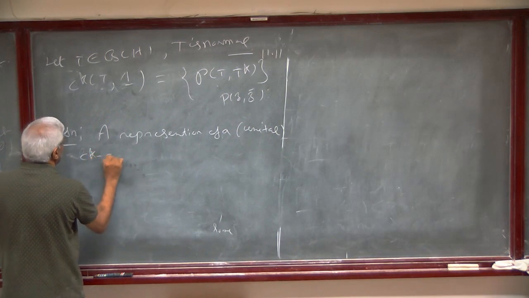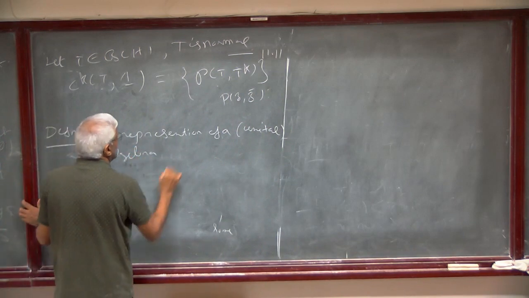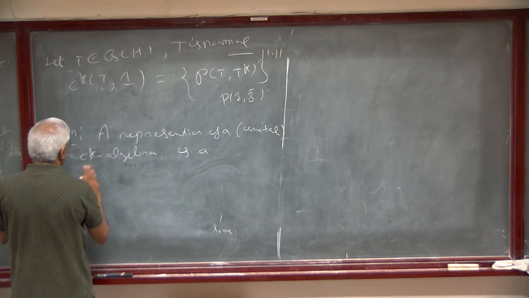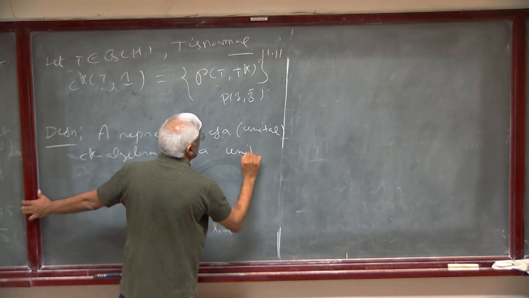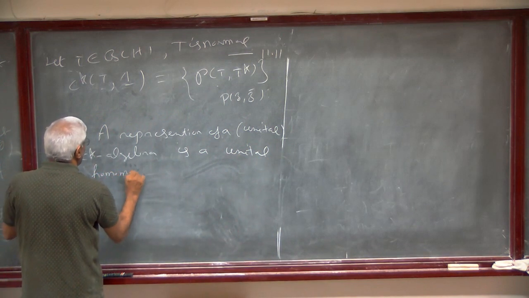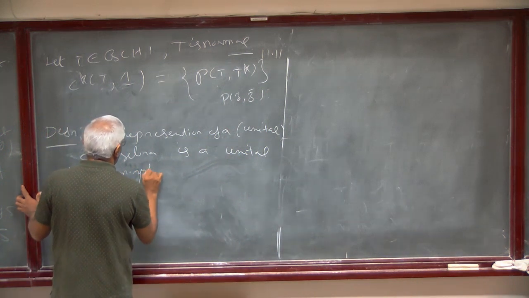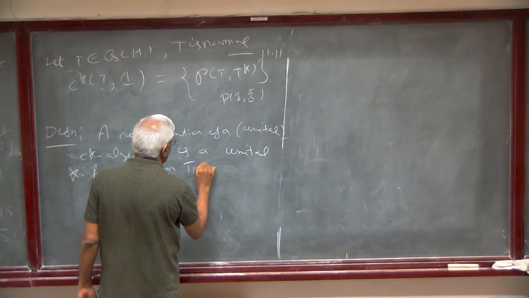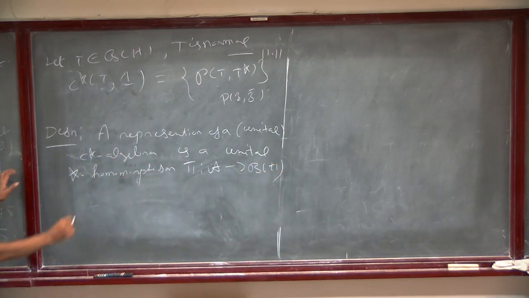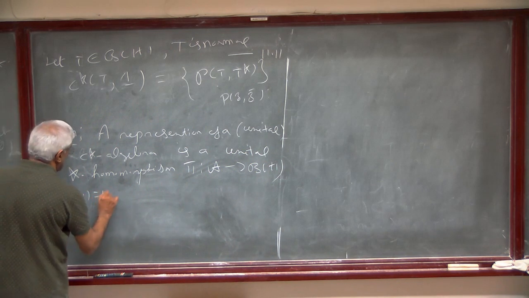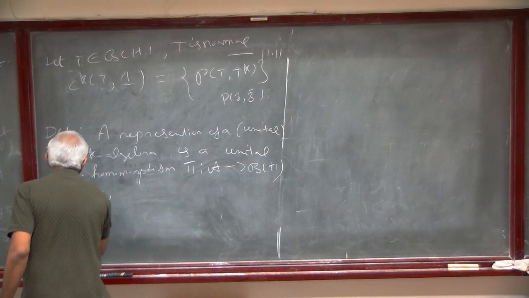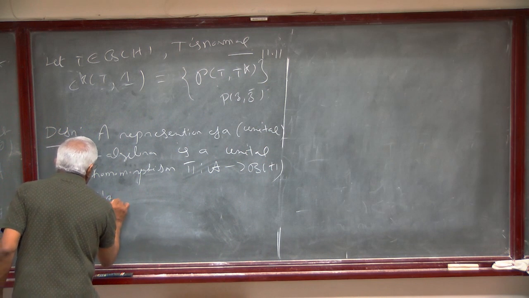A representation of a unital C-star algebra is just a unital star homomorphism phi from A to some B of H, for some Hilbert space H. That is, phi of 1 is 1. This 1 is in the C-star algebra, this 1 is in B of H. Phi of 1 is 1. This is in A and this is in B of H.